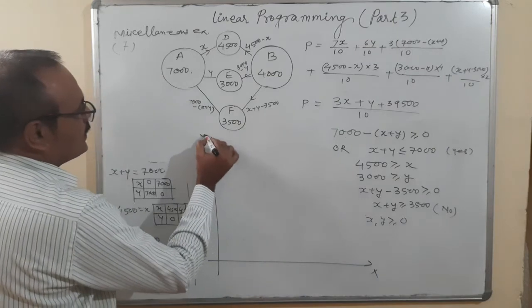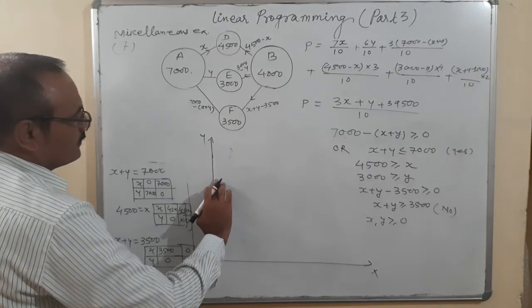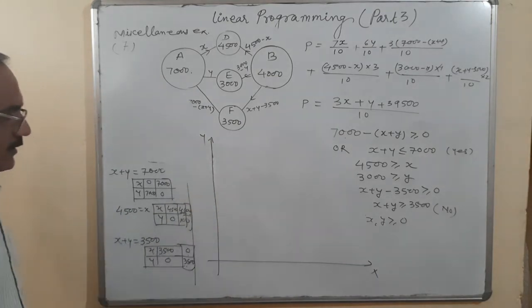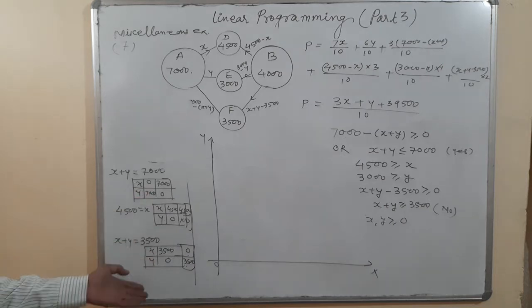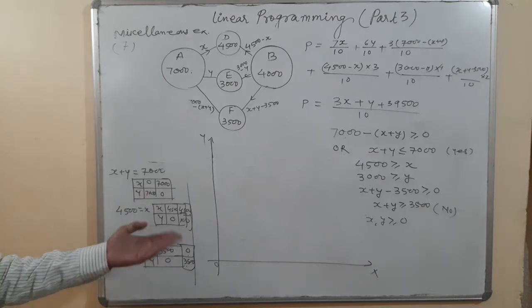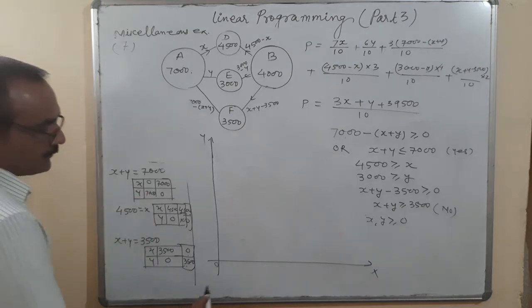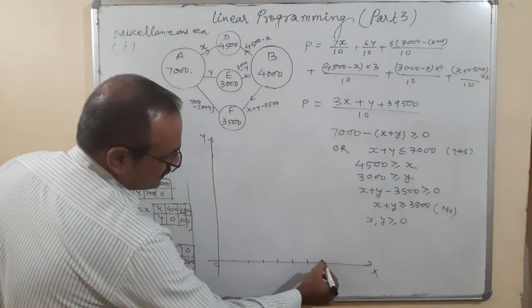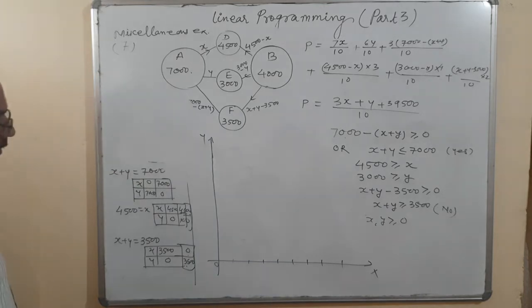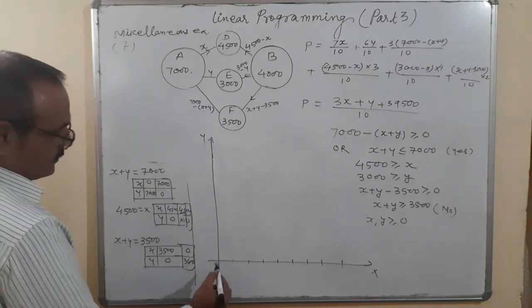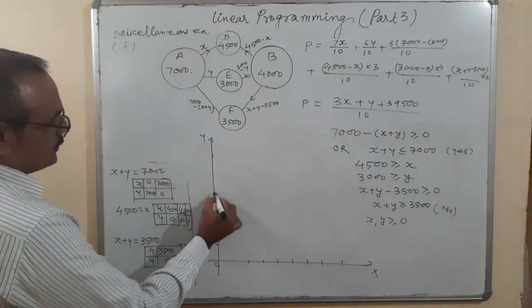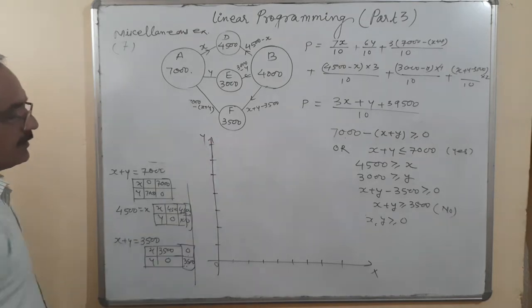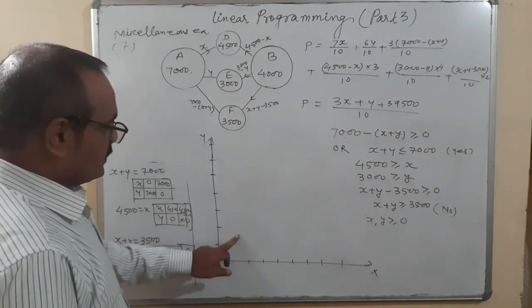X, it is Y. Origin. Scale should be taken as 1000. It is given in the form of 1000, so better to take 1000. Okay. 1, 2, 3, 4, 5, 6, 7, 8. Here it is also 1, 2, 3, 4, 5, 6, 7. It is taken as 1000. It's okay.